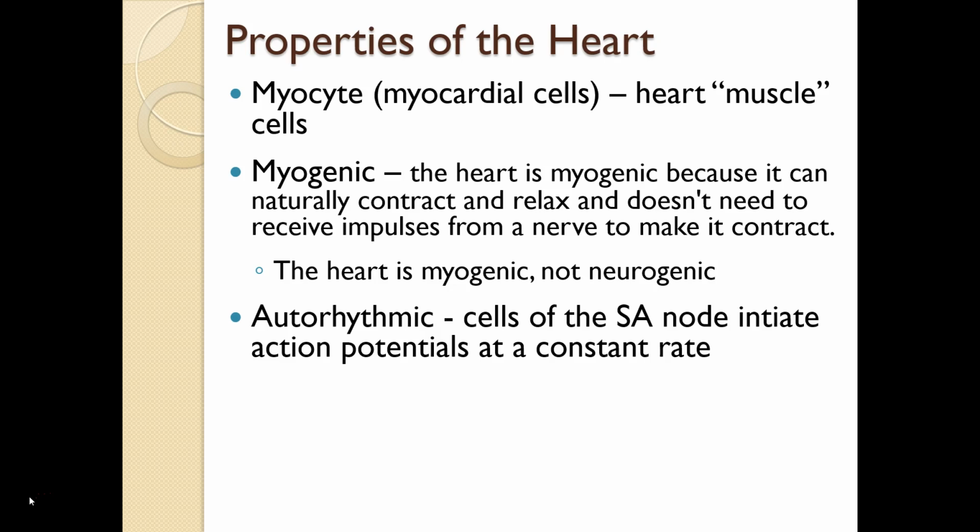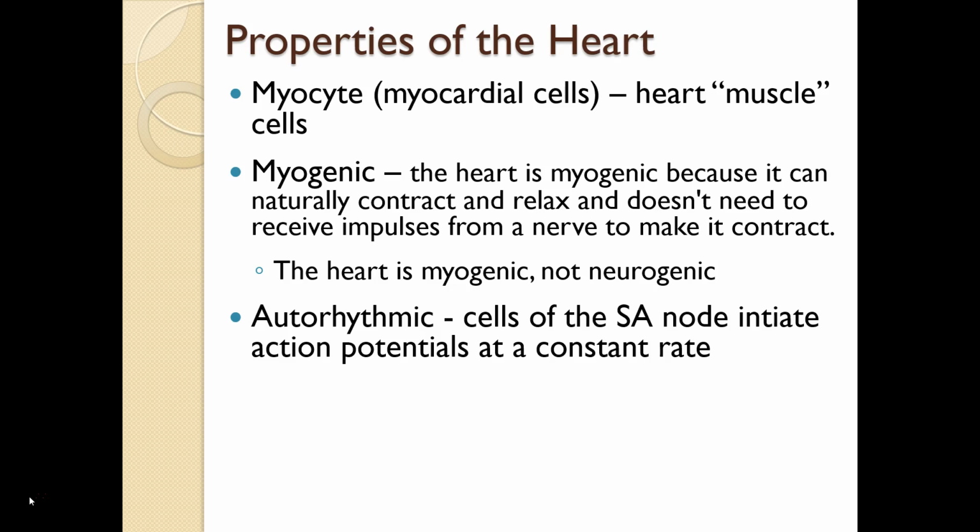So that's different from the other muscles that we've learned about, right? Our skeletal muscles don't contract unless what happens? What has to happen before our skeletal muscles contract? The brain has to send a signal, right?